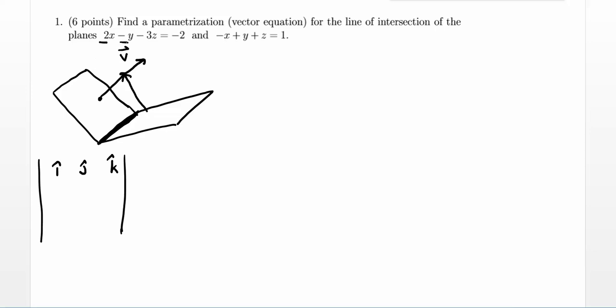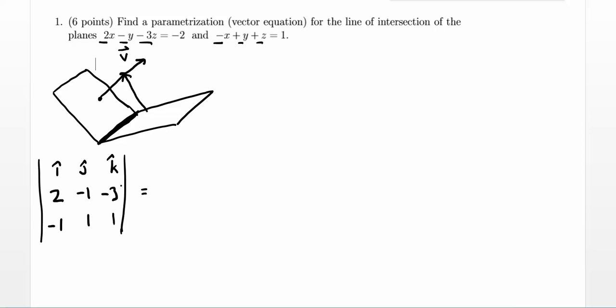So x minus 1 and minus 3. Just make sure all your variables are on one side of the equation before you do this. We're okay in this sense. So 2, negative 1, and negative 3. And the normal for this plane is negative 1, 1, 1.